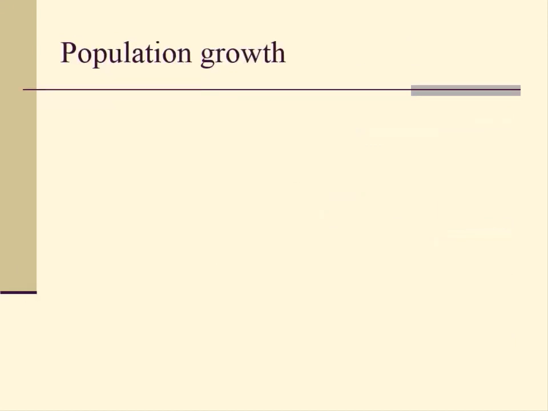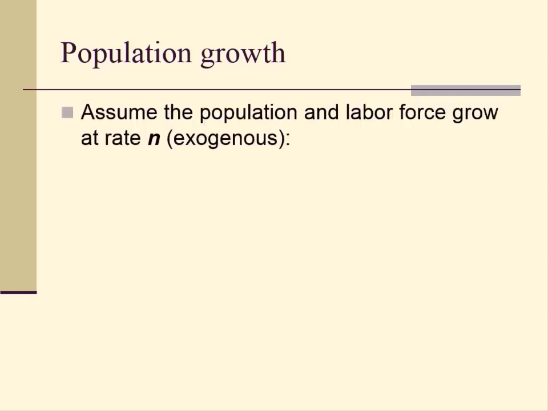The Solow model teaches us that we cannot explain sustained economic growth in terms of growth in capital per worker, because the economy will tend toward a steady state where capital per worker is constant. Now we want to consider population change as a possible explanation of sustained economic growth. Here we assume the population and labor force grow at a rate n, which is given, or exogenous.